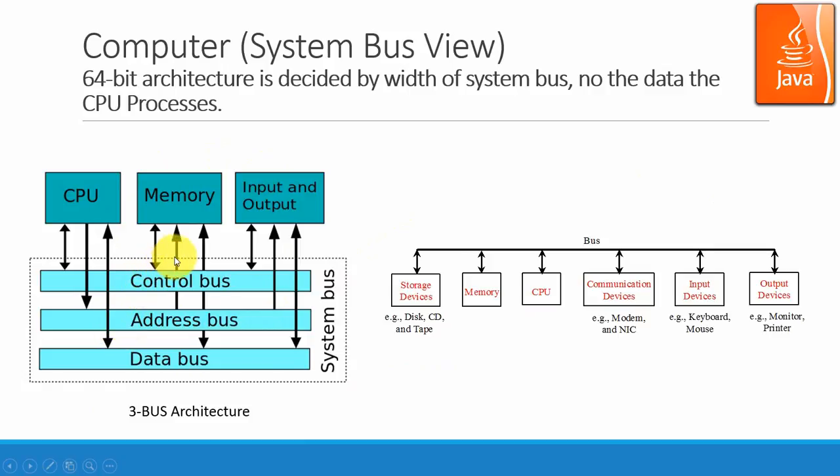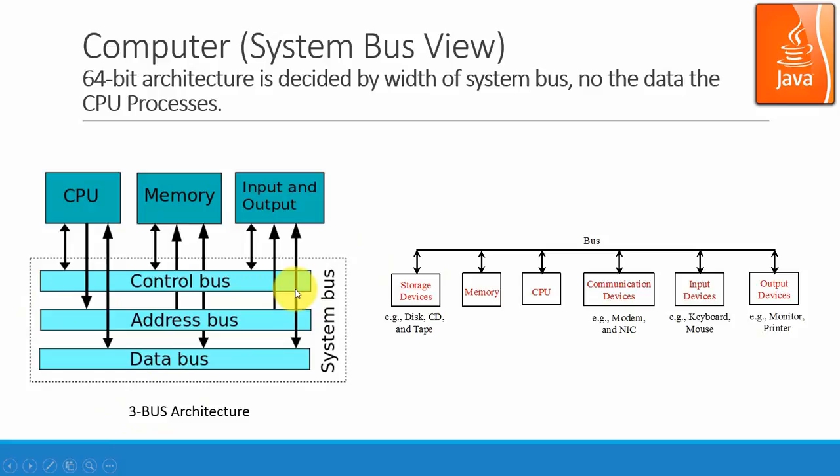We usually keep hearing that some computer has a 64-bit architecture or a 32-bit architecture. The number of bits in the architecture does not depend on the data width that can be processed by the CPU. Rather, it's actually determined by the width of the data bus. We call it a system bus because it usually consists of a control bus, an address bus, and a data bus.